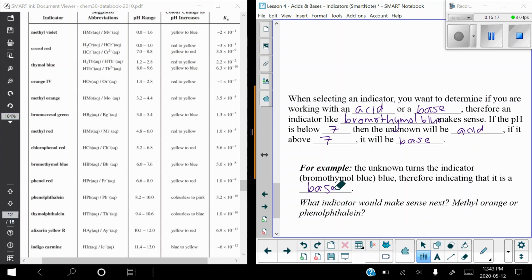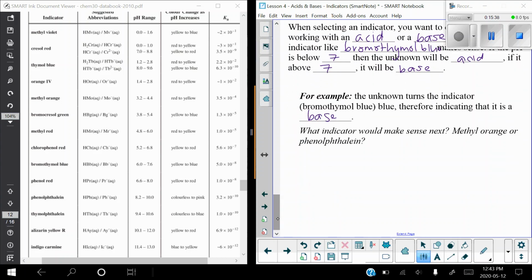What indicator would make sense next? Methyl orange or phenolphthalein? So let's take a look at methyl orange. Methyl orange is testing 3.2 to 4.4. It's testing an acidic region. Phenolphthalein is testing between 8.2 and 10. It's testing a basic region. So since we are working with a base, it makes sense for us to choose phenolphthalein as our next indicator.